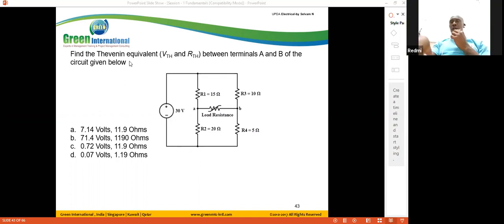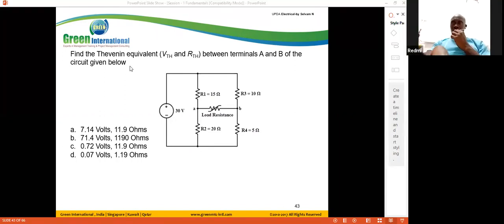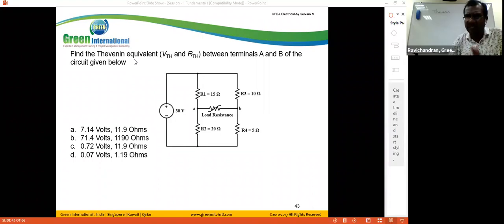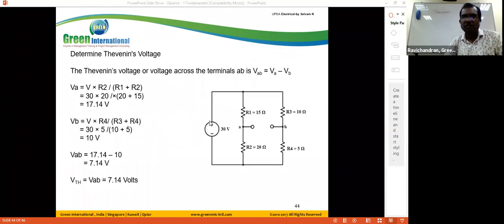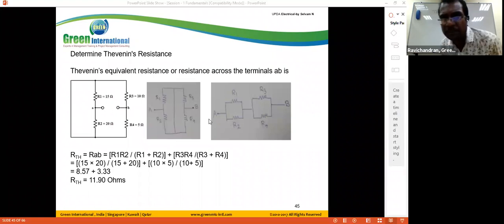Anyway, I will discuss it. I will use some problems related to this also. So I will note it down. Definitely we must know about independent sources and dependent sources. So this is the question for Thevenin's theorem.